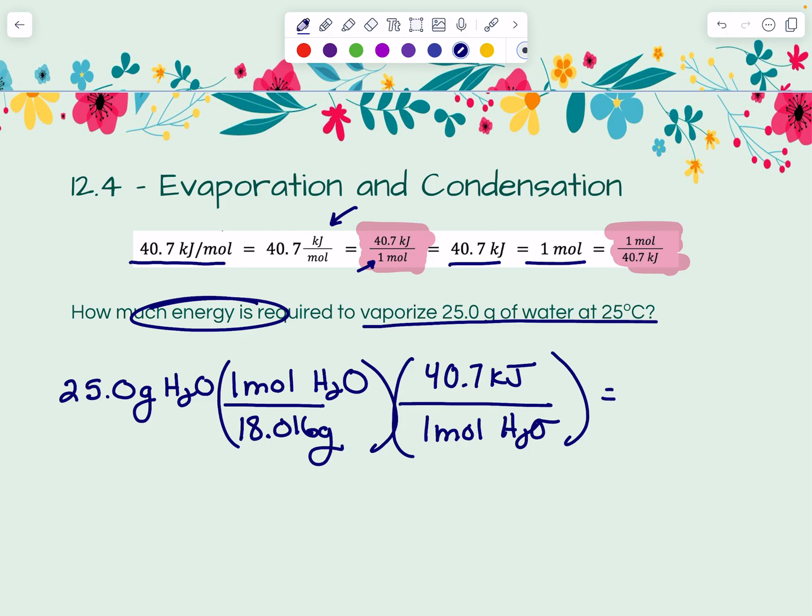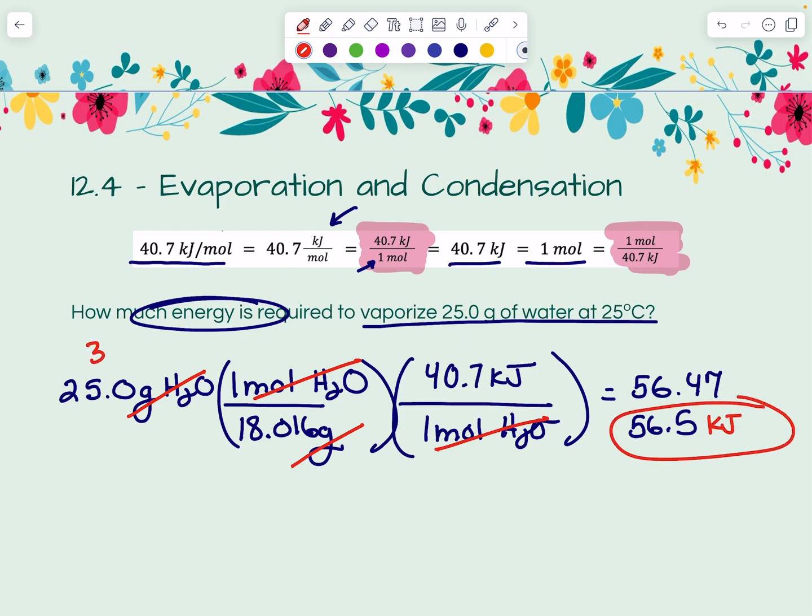And so when I substitute this into my calculator, I'm going to get 56.47 or 56.5, and look at how my units cancel out. Grams on the top, grams on the bottom, moles and moles, so 56.5 kilojoules, and 3 significant figures there, because these numbers, the delta H of vaporization, do count for significant figures.